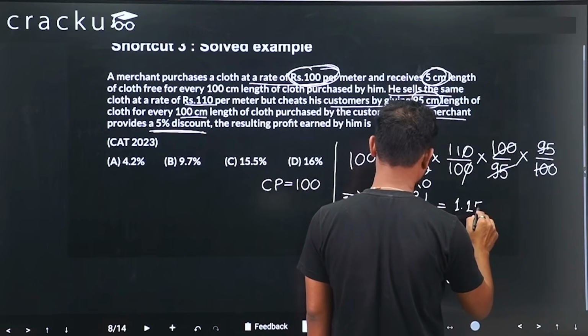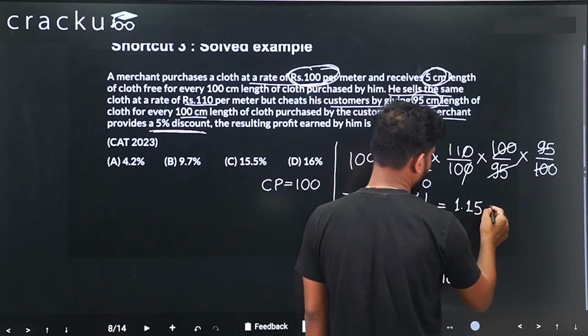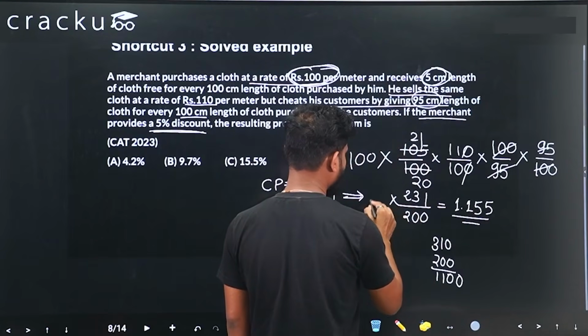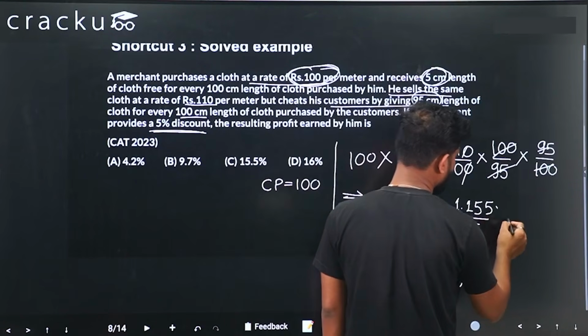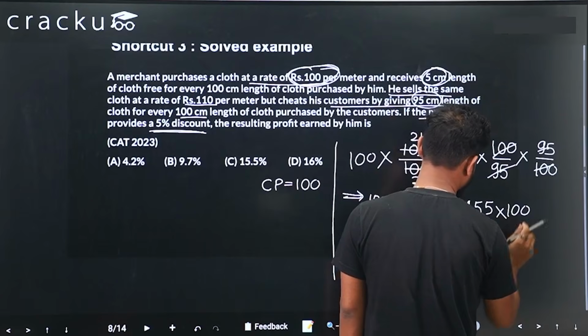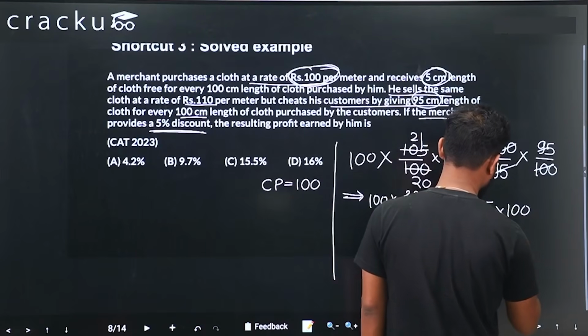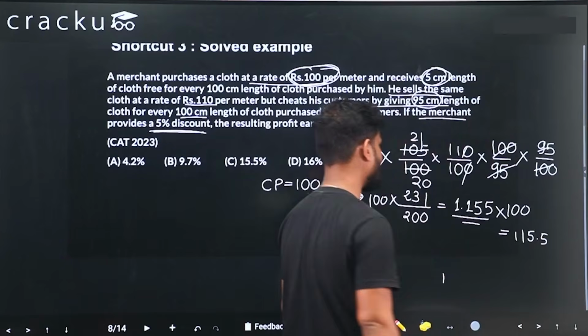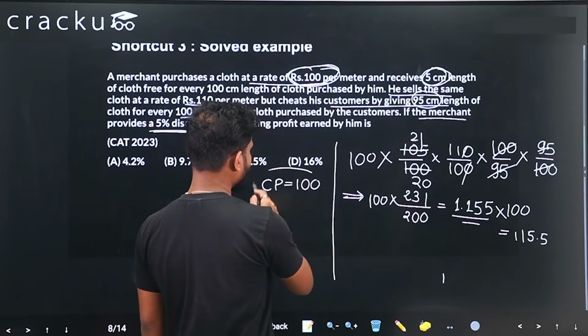And you get 5, something like that. And then again you will get 5. So there into 100 is there. So we also have to multiply this by 100. So this will become around 115.5 approximately.